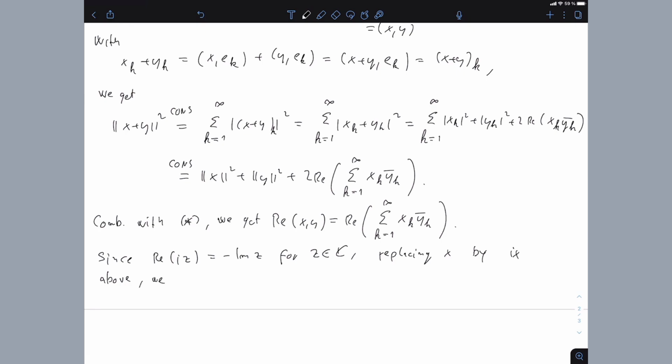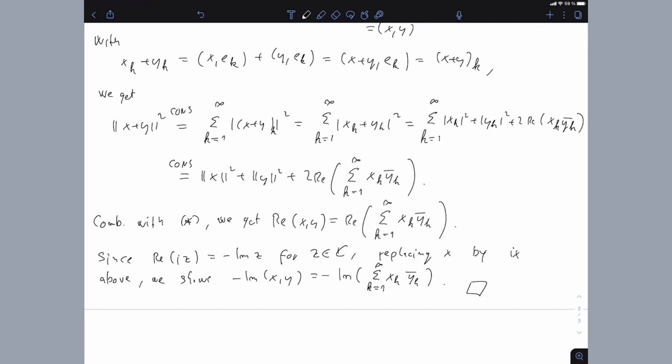And do the same computation again, and we get that minus the imaginary part of the scalar product of x and y is equal to minus the imaginary part of this series. And that's all we needed to show for Parseval's identity.